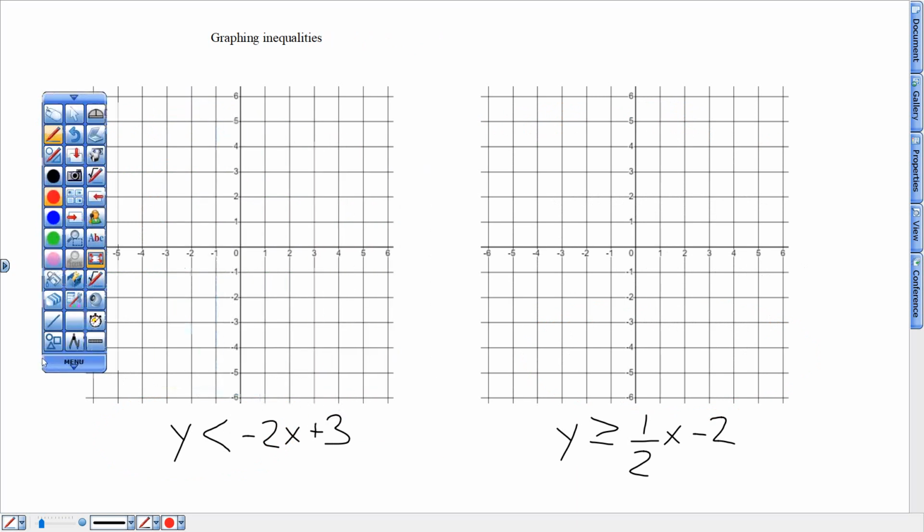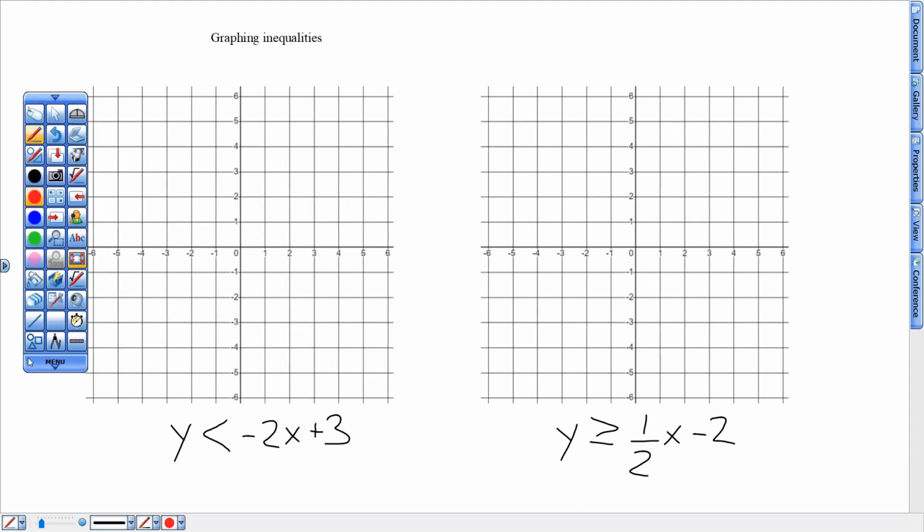This one: graphing inequalities. Knowing that this 3 tells you where on the y-axis to put your first point. That number in front of x, the way I teach it, any whole number put over 1, is the slope.